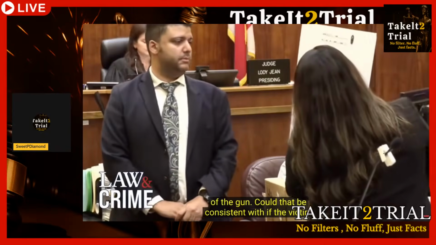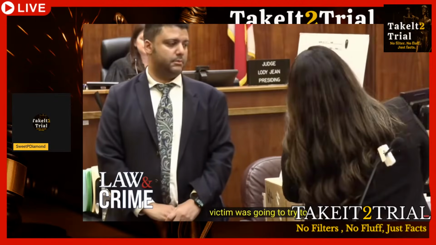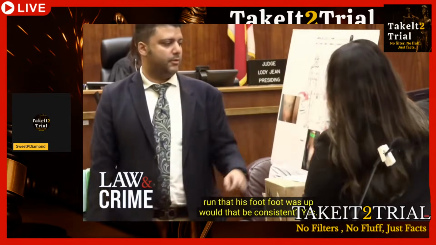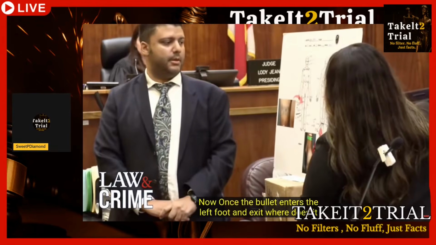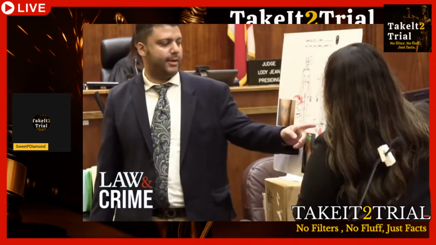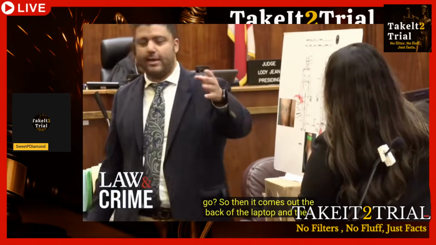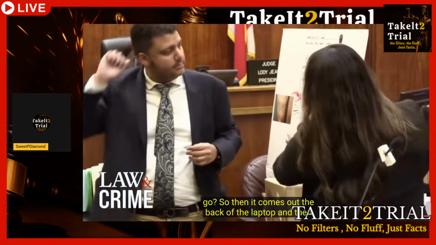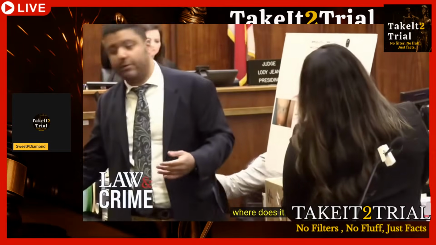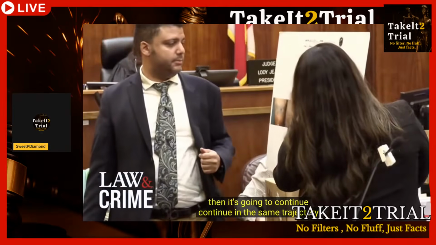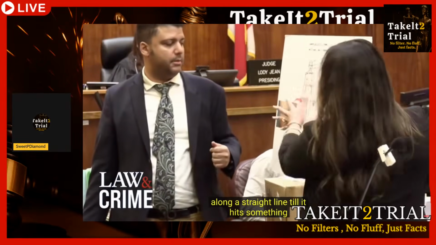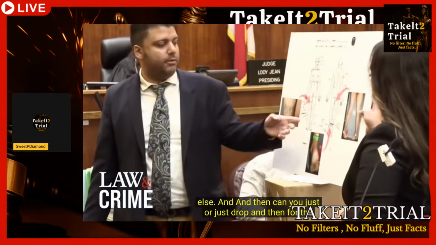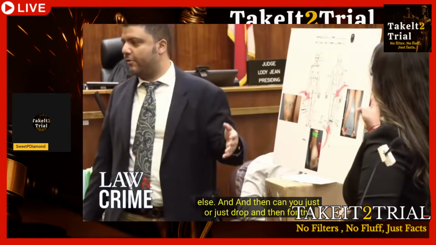Now, once the bullet enters the left foot and exits, where does it go? So then it comes out the back of the left foot, and it continues in the same trajectory along a straight line until it hits something else, or just drops to the ground. And for the thigh, can you talk about how, when it left the foot, it enters the thigh? Yes, the same bullet can cause both wounds.